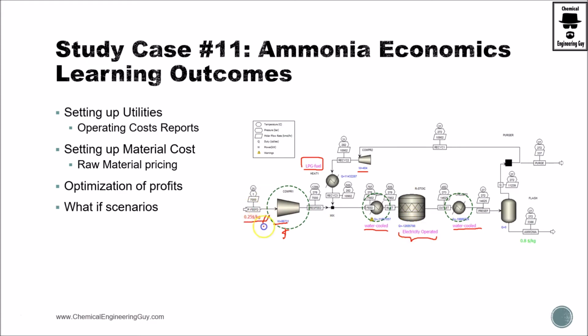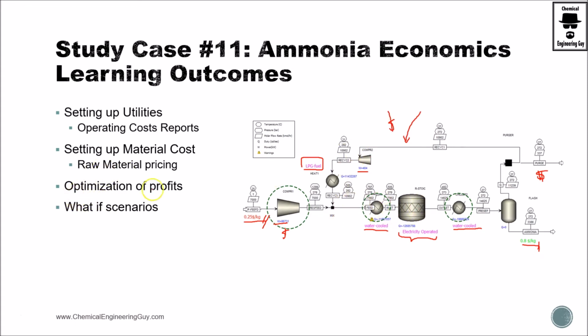Then you can add the stream cost, the raw material cost, product cost. Maybe you want to add a price on purge. Maybe you need to pay to burn that purge, or maybe you can sell it to another plant or as another product. That's up to you. You can also add prices or cost to the materials inside here.